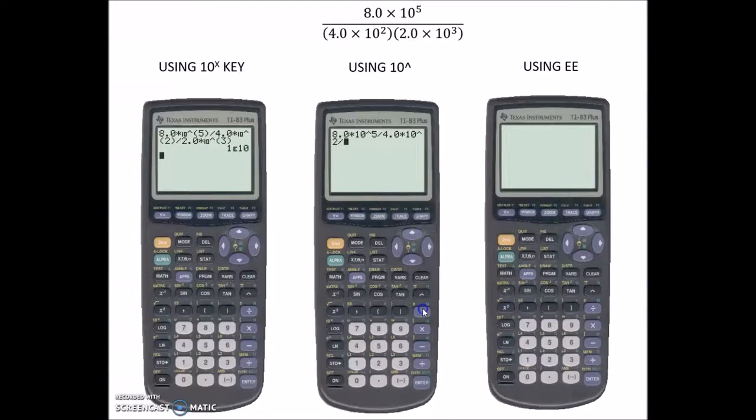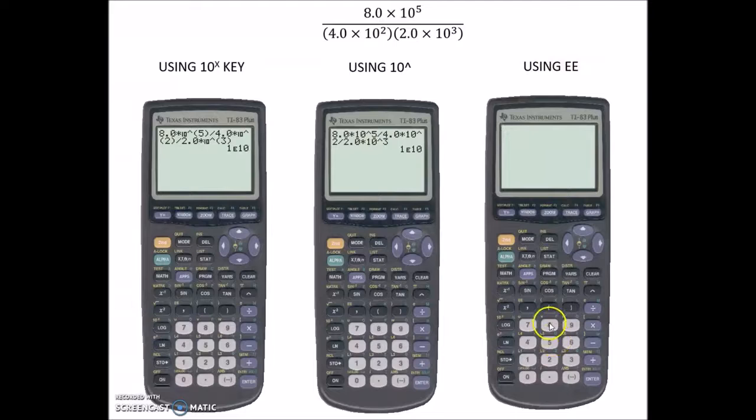And we're dividing that result by the second part of the denominator, which is 2.0 times 10 caret 3. When we wrap all that up and press the enter key in the lower right, we'll see that we also get essentially 10 billion, 1 times 10 to the 10th.